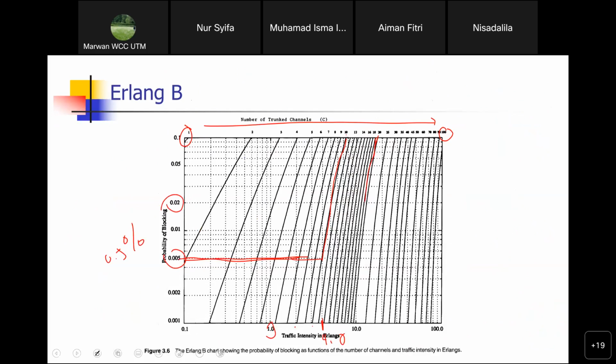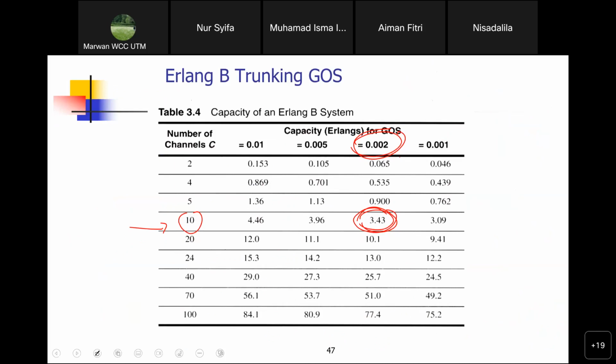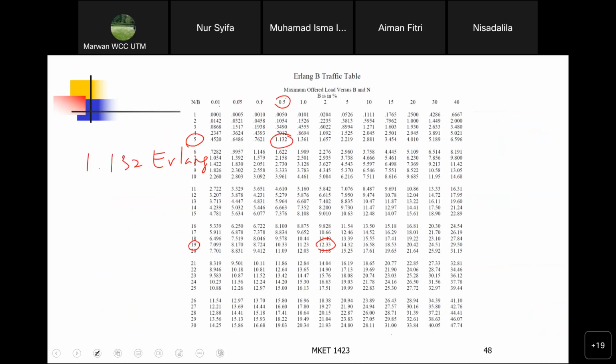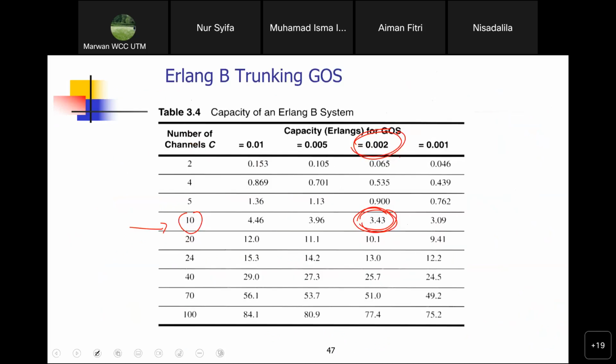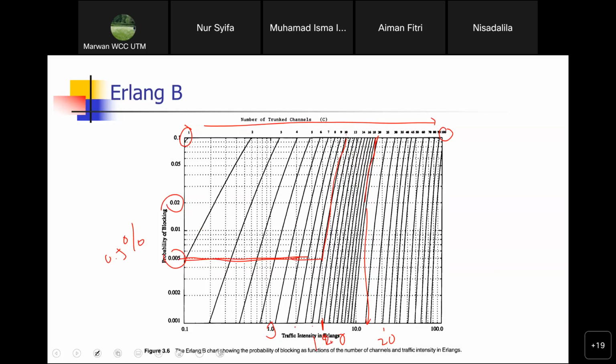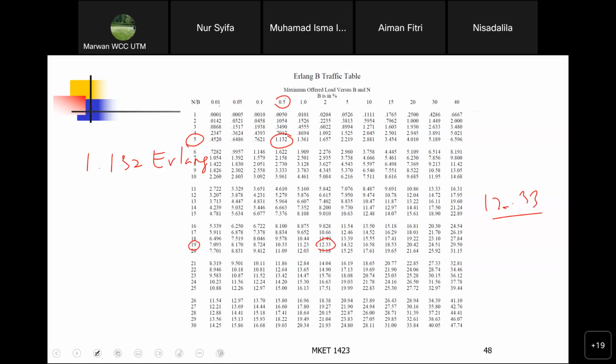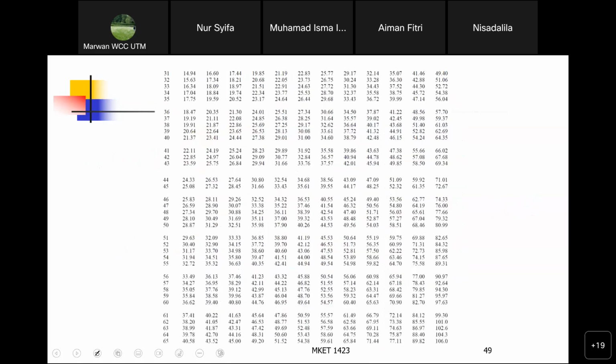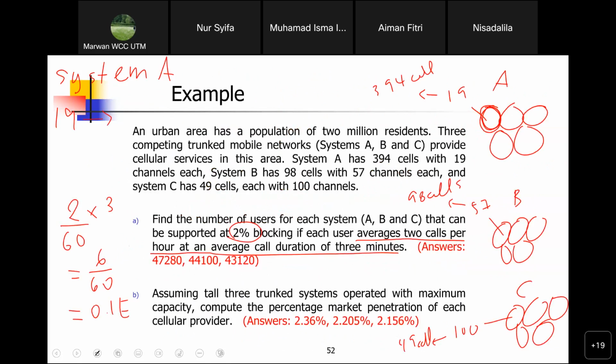So it's about 12.33, but if you take it from the graph, normally it's about 12. They will take numbers that are integers. So the answer here is 12.33 or 12. Let's look at the example: 19 channels will give you 12 Erlang.